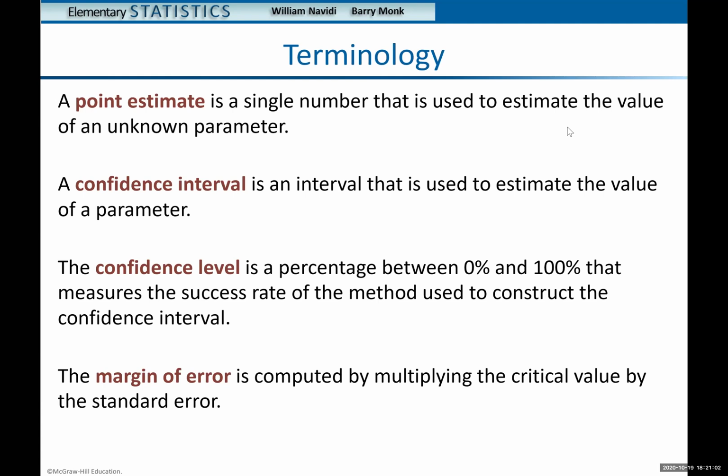Confidence level, that is a percentage between 0 and 100% that measures the success rate of the method used to construct the confidence interval. And the margin of error, that is computed by multiplying critical value and your standard error.